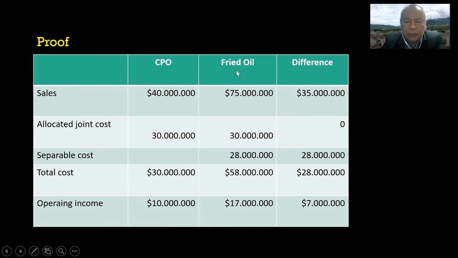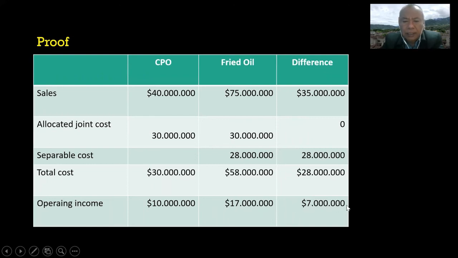And then if we process further, our sales will be $75 million, and we have allocated joint costs 30 million, and then we have separable cost or additional cost to process further 28 million, and then we get the total 58 million. So our operating income will be 17 million. So in this case our operating income will increase from 10 million to 17 million, or increase by 7 million.